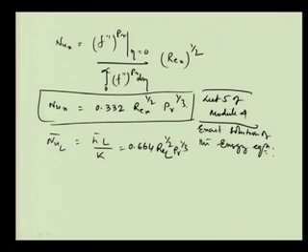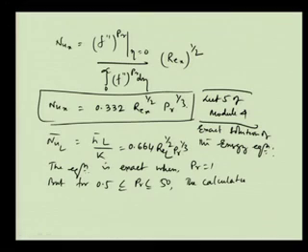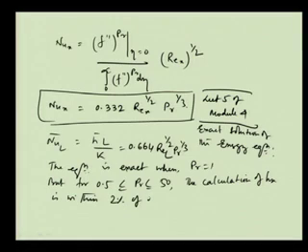And then we can see that the equation is exact when Prandtl equals 1, but for 0.5 less than or equal to Prandtl less than or equal to 50, the calculation of Hx, the local heat transfer coefficient, is within 2% error.